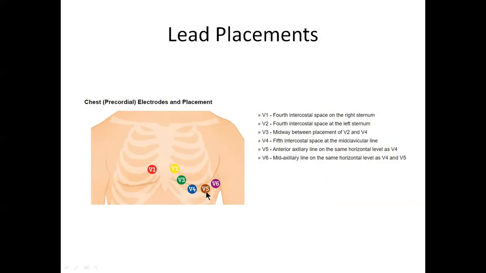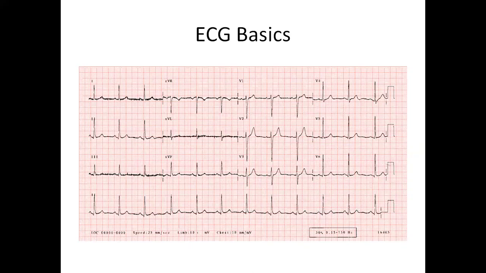V5, 5th intercostal space, anterior axillary line. And V6 is 5th intercostal space in the mid-axillary line. After that, we place V3 in between V2 and V4. So this is what we will get.